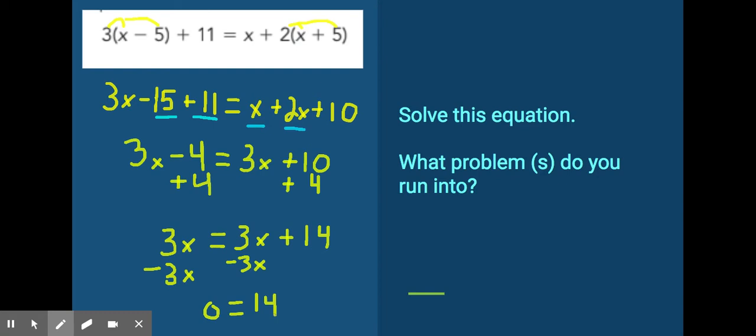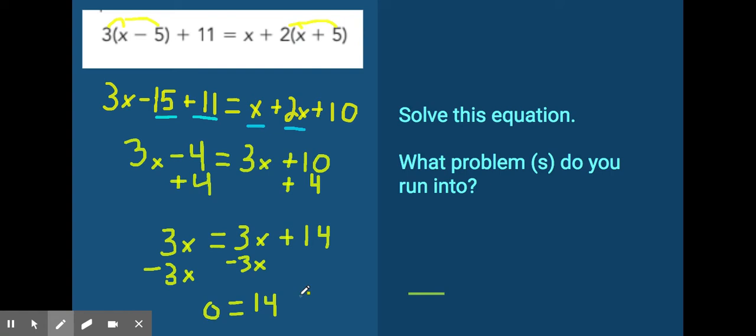Now, does 0 equal 14? No, it doesn't. When I solve this, I end up getting a scenario that makes no sense. Just like our last one where there were multiple different ways you could get an answer, there's multiple different ways you could get an answer here too, and you'll get all kinds of things, but they will all end up being not equal to each other.